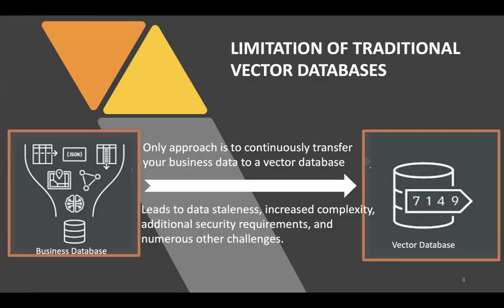The problem with this approach is data staleness. For example, my replication is broken between these two databases. This can cause staleness of data, which is very risky, and this can lead to some undesirable results.